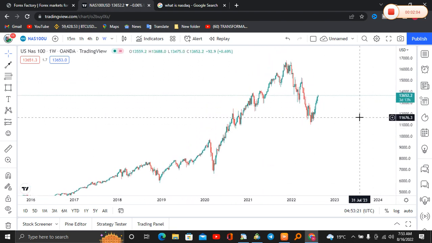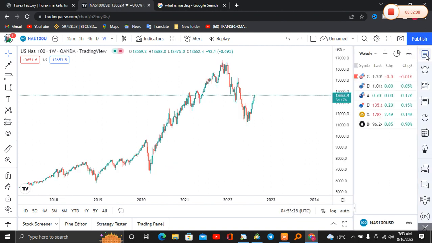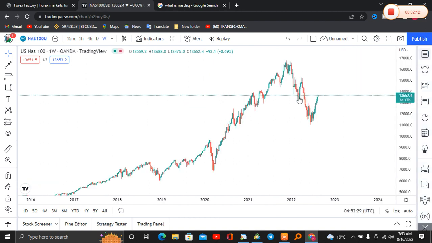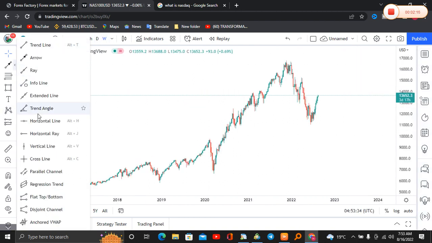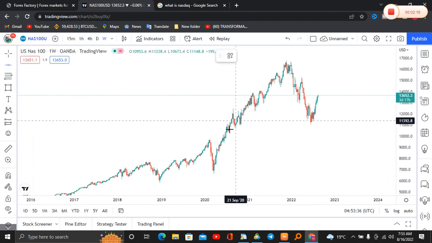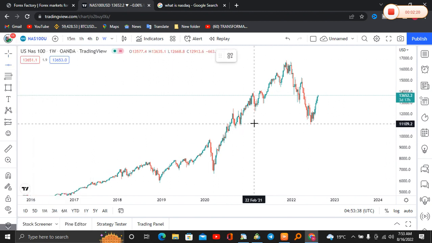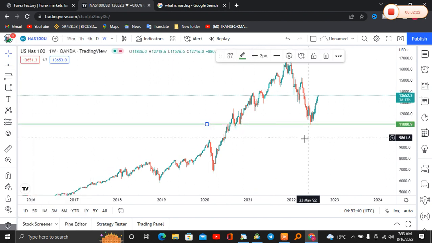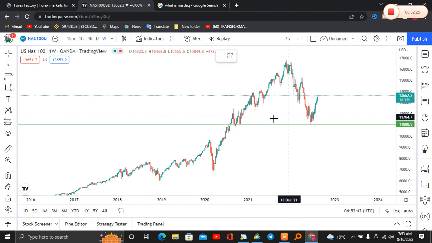Now when you come on the chart of NASDAQ, I'm in my weekly time frame. I start by spotting my major market key levels where we have been seeing a lot of reversals.